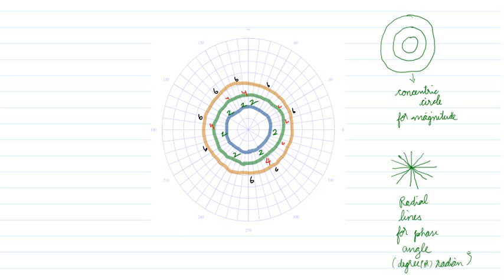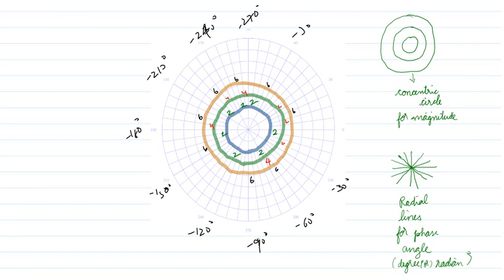And suppose we are having the degree in negative, this is 0, this is minus 30, minus 60, minus 90, minus 120, minus 150, minus 180, minus 210, minus 240, minus 270, minus 300, minus 330. This is minus 360, or I can say 0 degree or plus 360, all are same.